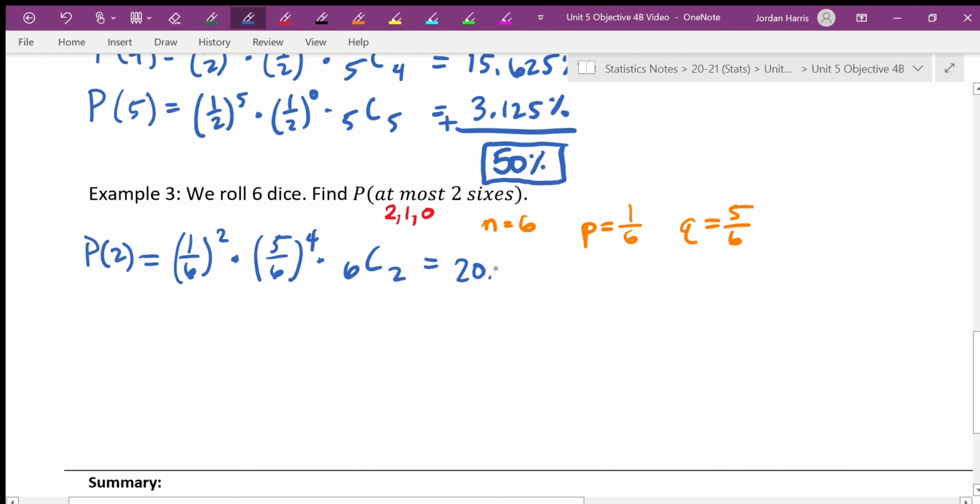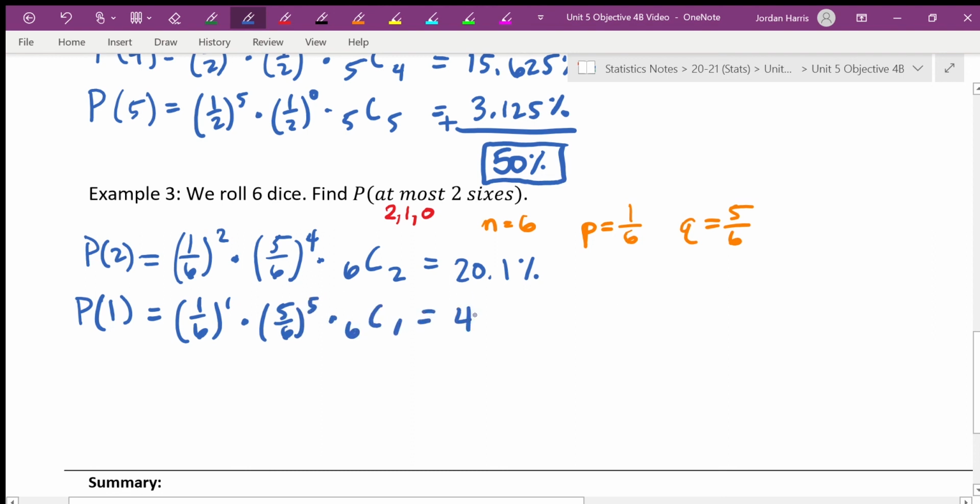So we'll do 20.1%. I'm rounding, that's fine. Probability of 3. Nope, sorry, that's incorrect. I should be counting down, so it's probability of 1. So 1/6 to the 1st times 5/6 to the 5th times 6C1, and you get 40.2%.